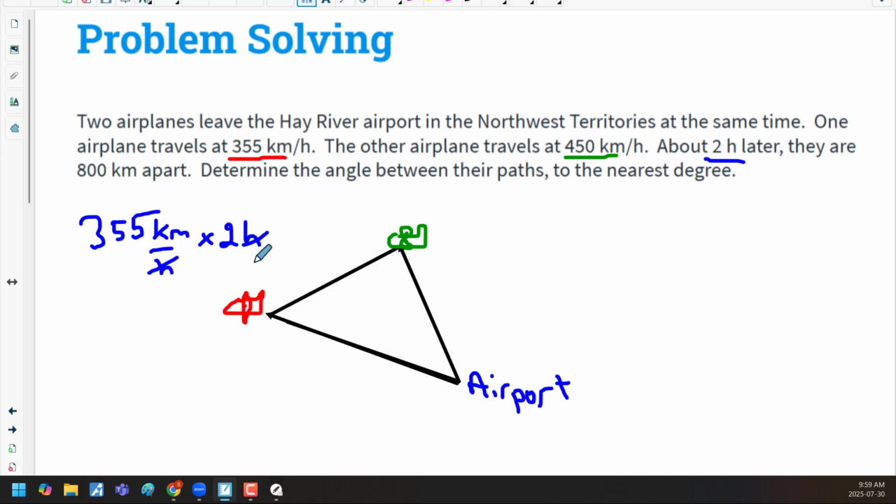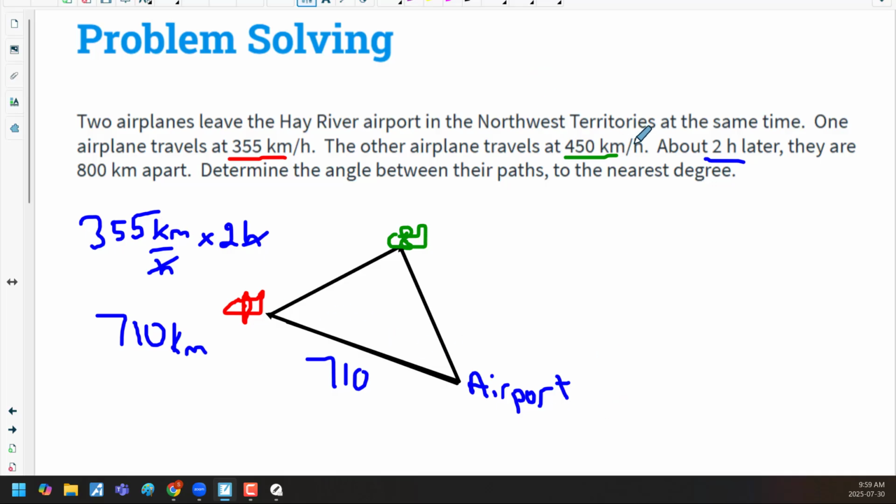We do that because if it's traveled for 1 hour, it would travel 355 kilometers. If it traveled for 2 hours, well, you just double it. So what's 355 times 2? It's 710. So we know that this line is 710 kilometers long.